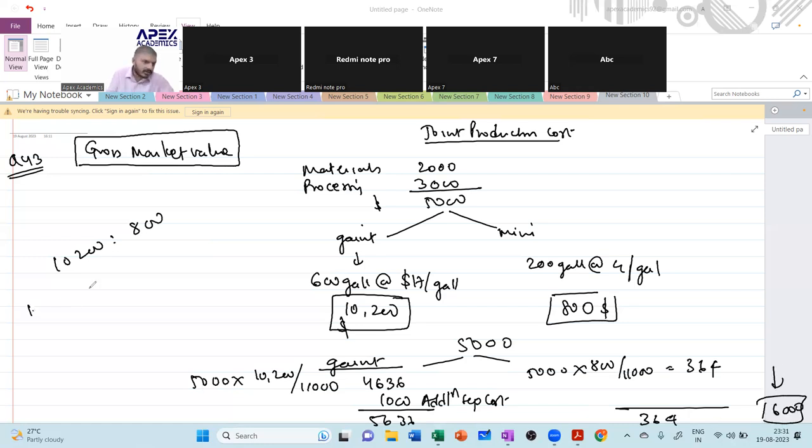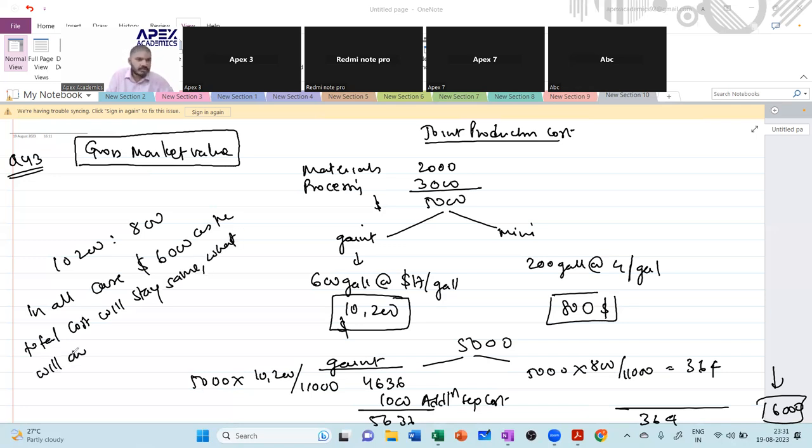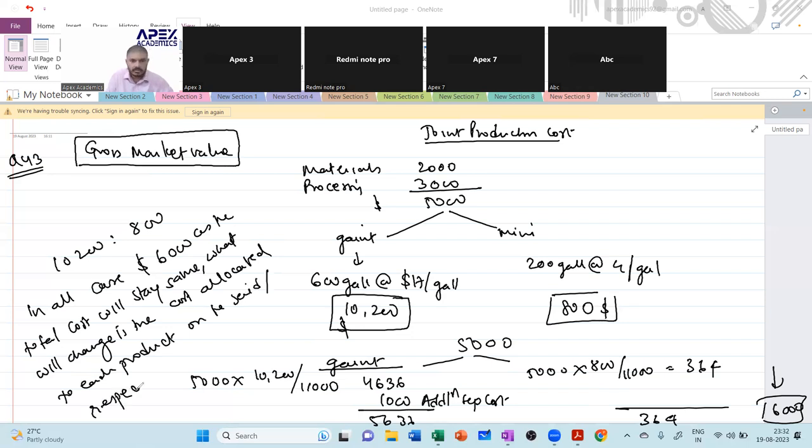As I said, in all cases, total cost stays the same. In all cases, $6,000 as the total cost will stay the same, what will change is the cost allocated to each product on the said respective basis.